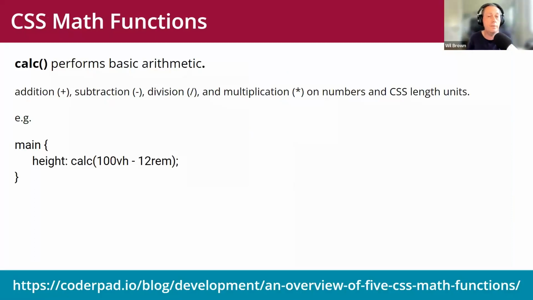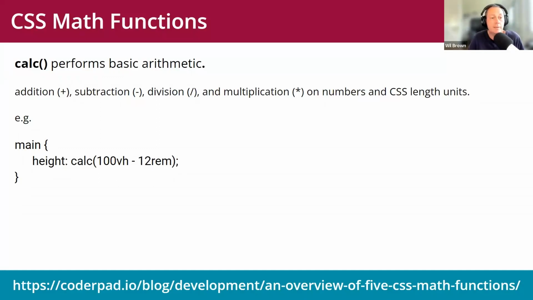If you're unfamiliar with CSS Math Functions, there's only about five math functions in here. I've got a link down here at the bottom. I'll drop it into the chat, and that'll give you the overview of the CSS Math Functions. The first one is calc.